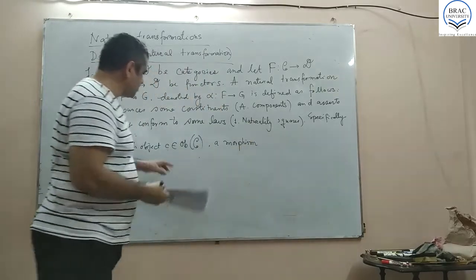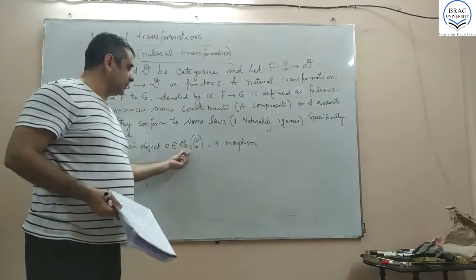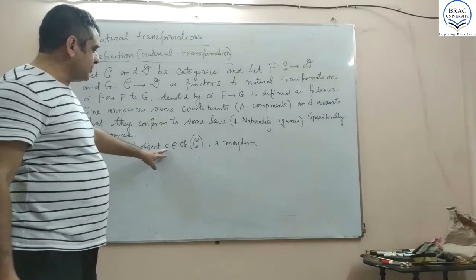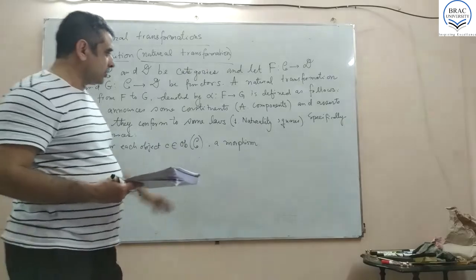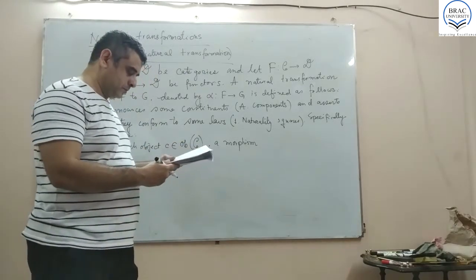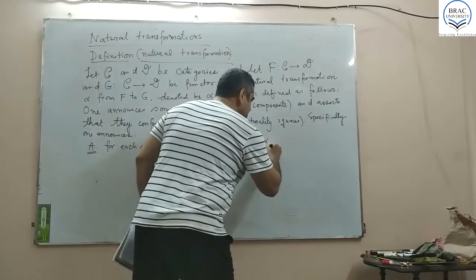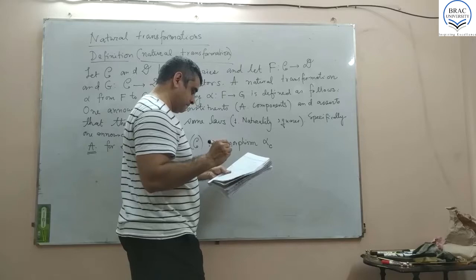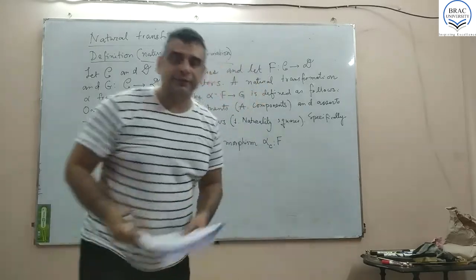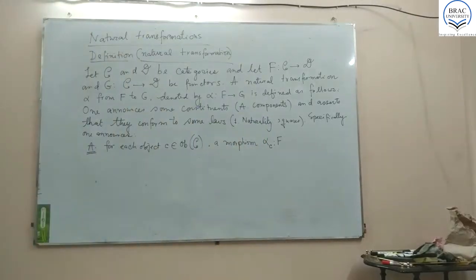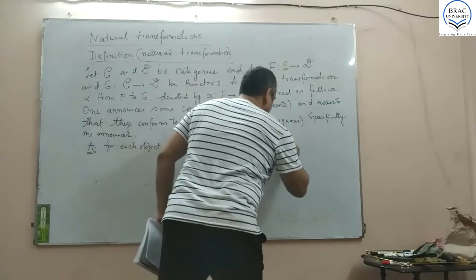So for each object small c in this category C, there should be a morphism alpha C from FC to GC.